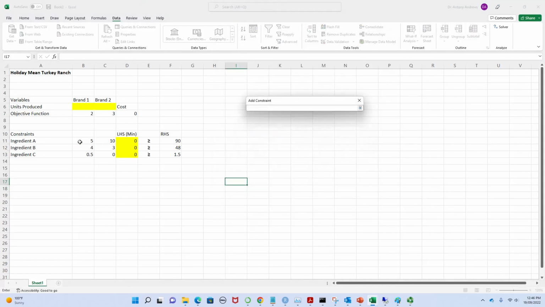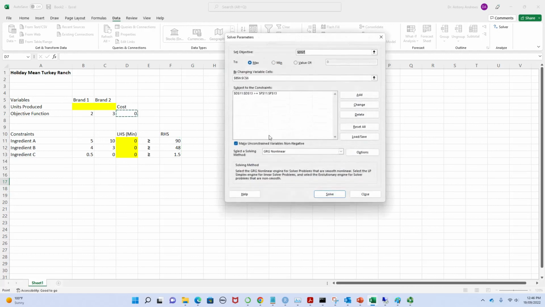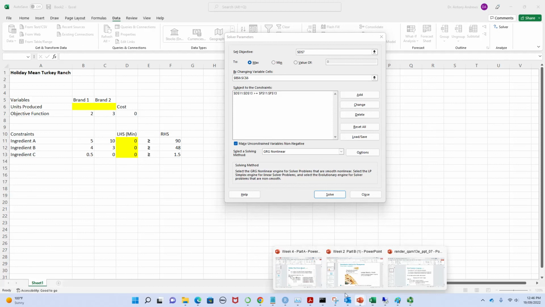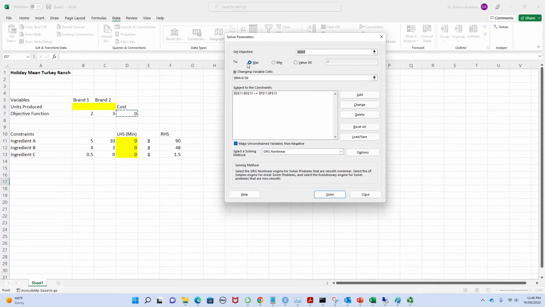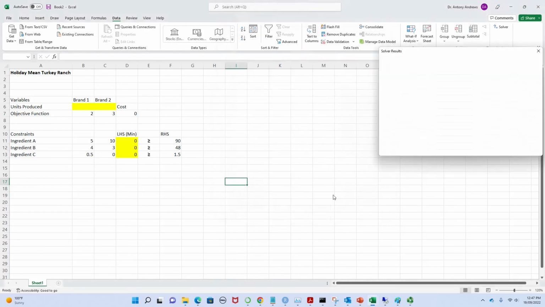The constraint is what's going to be determined, is greater than or equal to this constraint here. Alright, okay, that constraint is done. Make constraint variable non-negative. This is this one here, right? And then Simplex LP, solve.